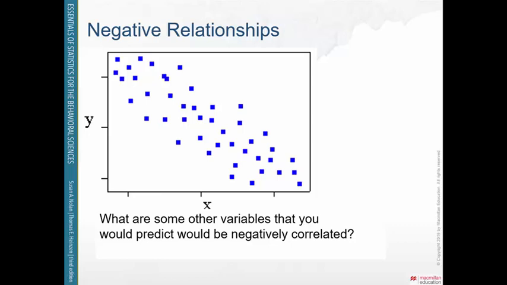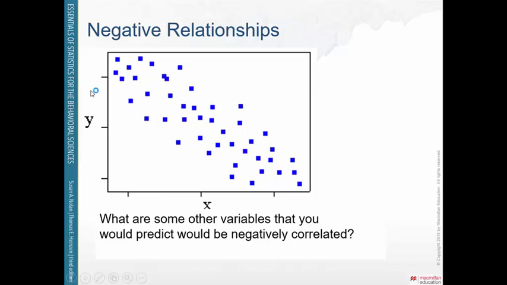So here's an example of a negative relationship. First of all, you can see this is like a downward sloping line from left to right. If you see something that looks like that, you know you're talking about a negative relationship or a negative correlation. Let's say this x-axis is hours of watching TV, and this y-axis is GPA.